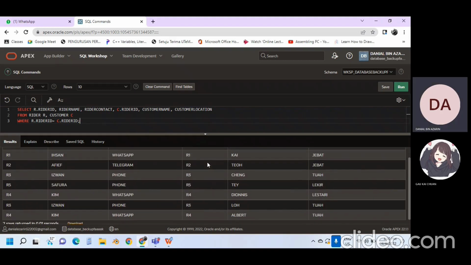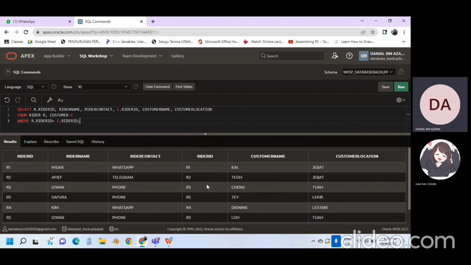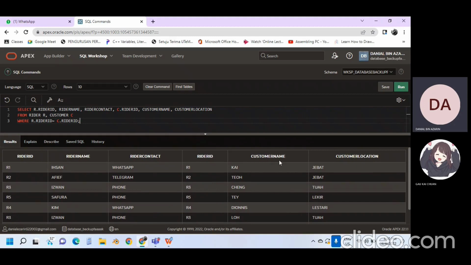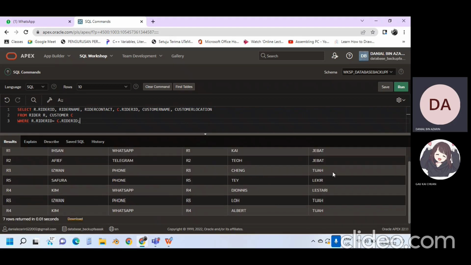So the rider IDs again will be R1, R2, R3, R5, R4, R3, and R4. And the customers for them are Kai, Theo, Cheng, Tay, Dionys, Lo, and Albert. So the customers are located at Jebat, Tuah, Lekeh, Lestari, Tuah, and Tuah.